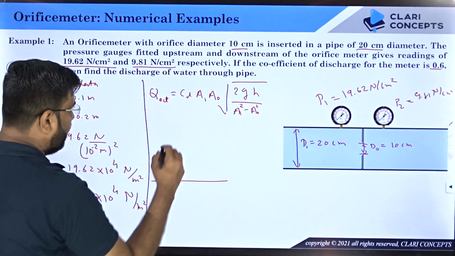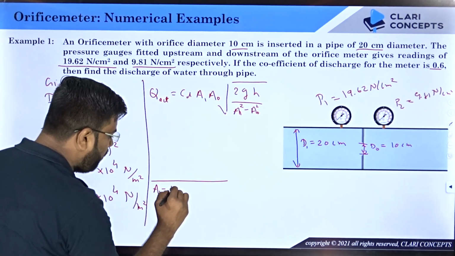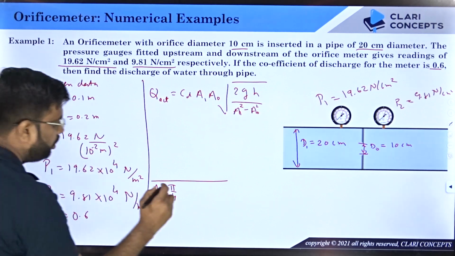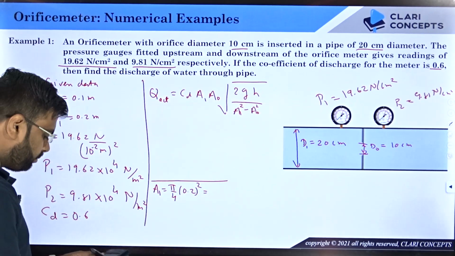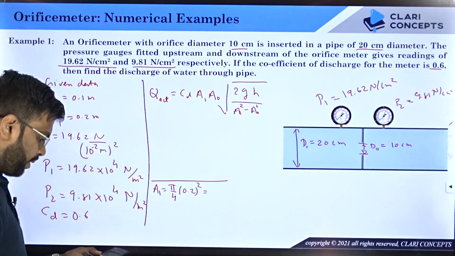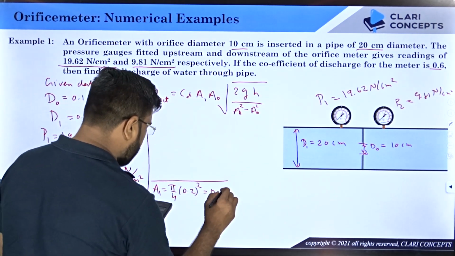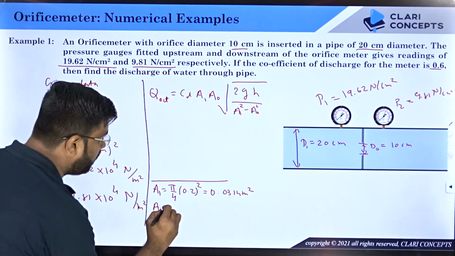The value of CD is given to you. The value of A1 is pi by 4 D1 square, where D1 is 0.2. Pi divided by 4 into 0.2 square is 0.0314 meter square. What is the area of the orifice, AO?